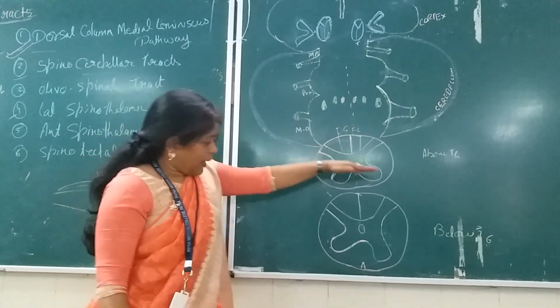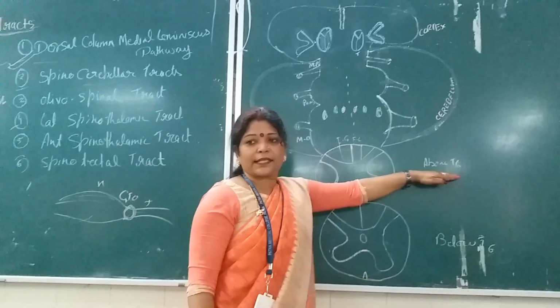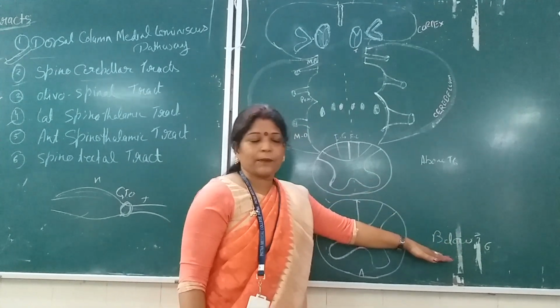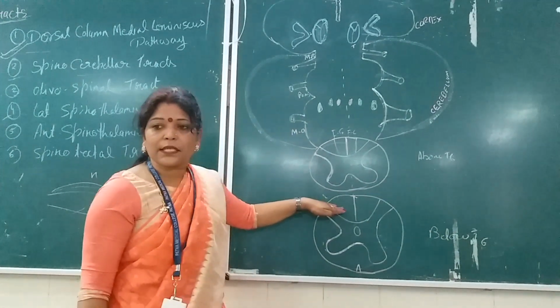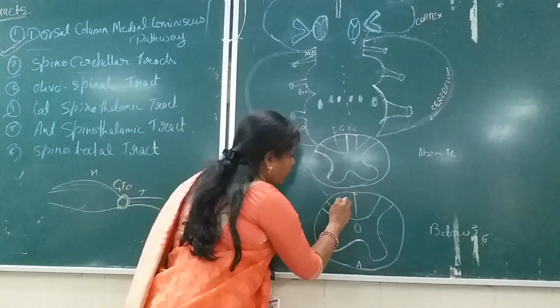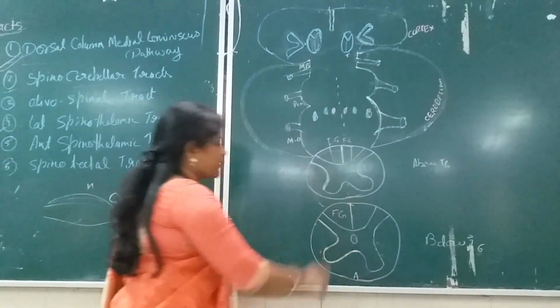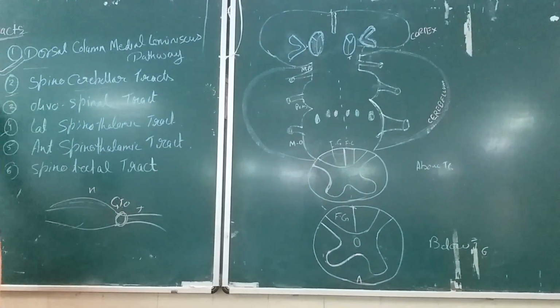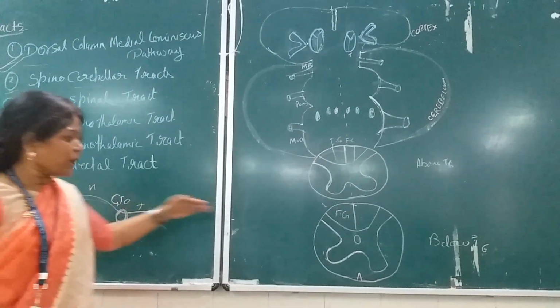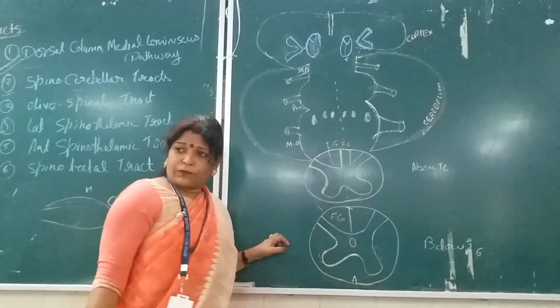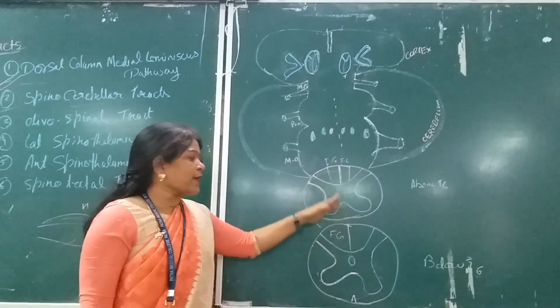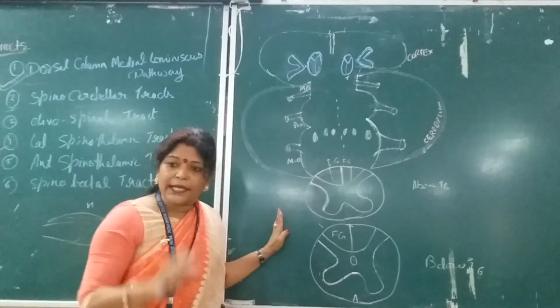So, I have written here above T6 level and below T6 level. That means below T6 level there is only fasciculus gracilis. All modalities of sensation which we have discussed here go through the dorsal funiculus and ascend upwards below the T6 level.